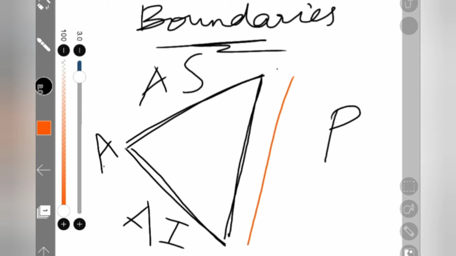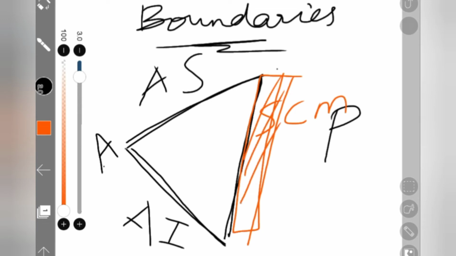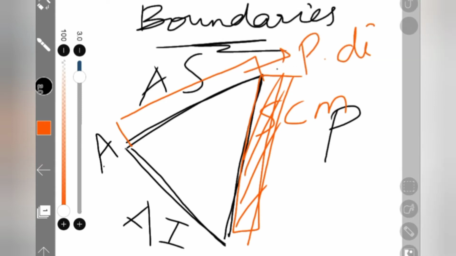The boundaries are formed by, posteriorly, the sternocleidomastoid muscle here. Antero-superiorly you have the posterior belly of the digastric muscle. The digastric muscle has two bellies, an anterior belly and a posterior belly.